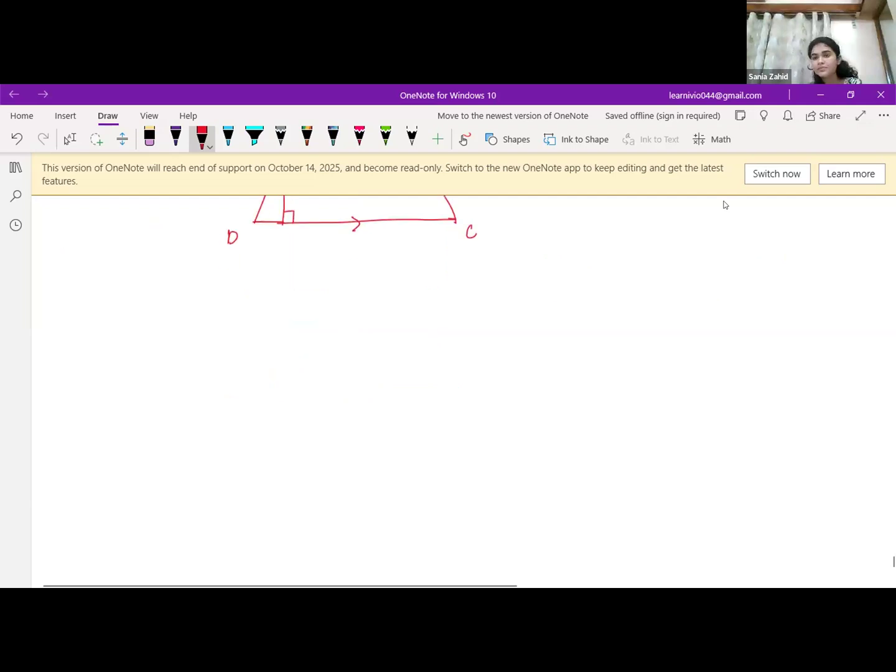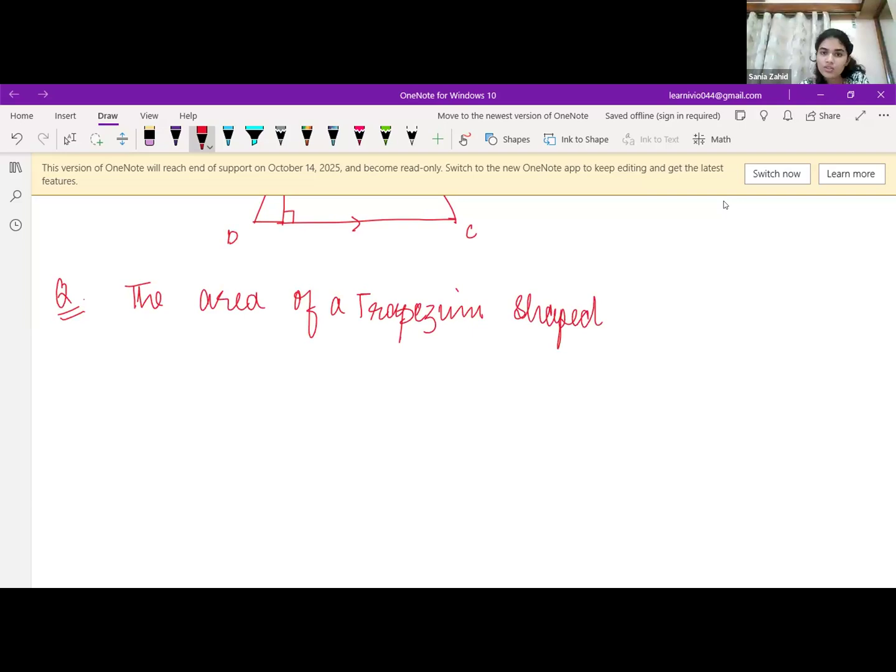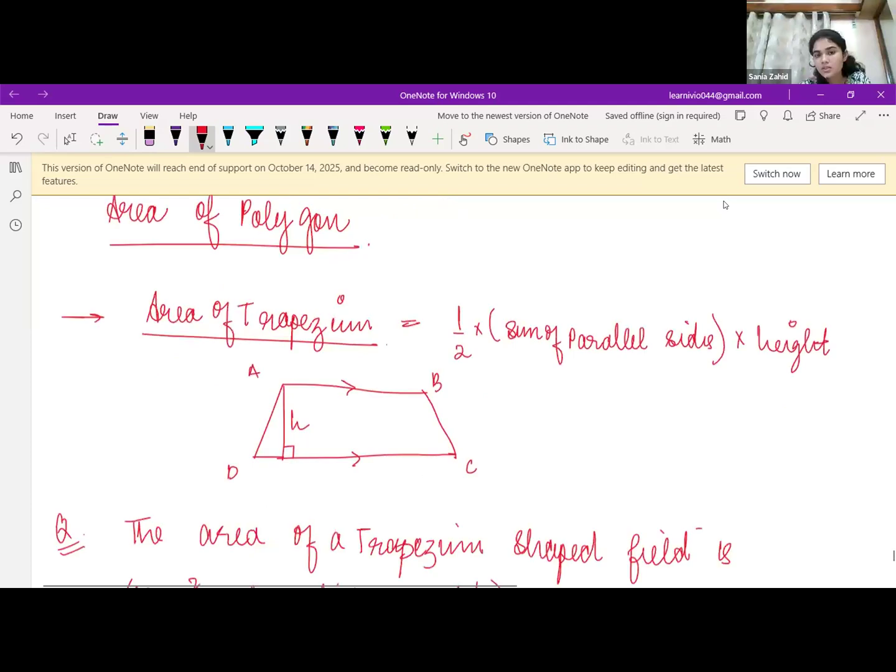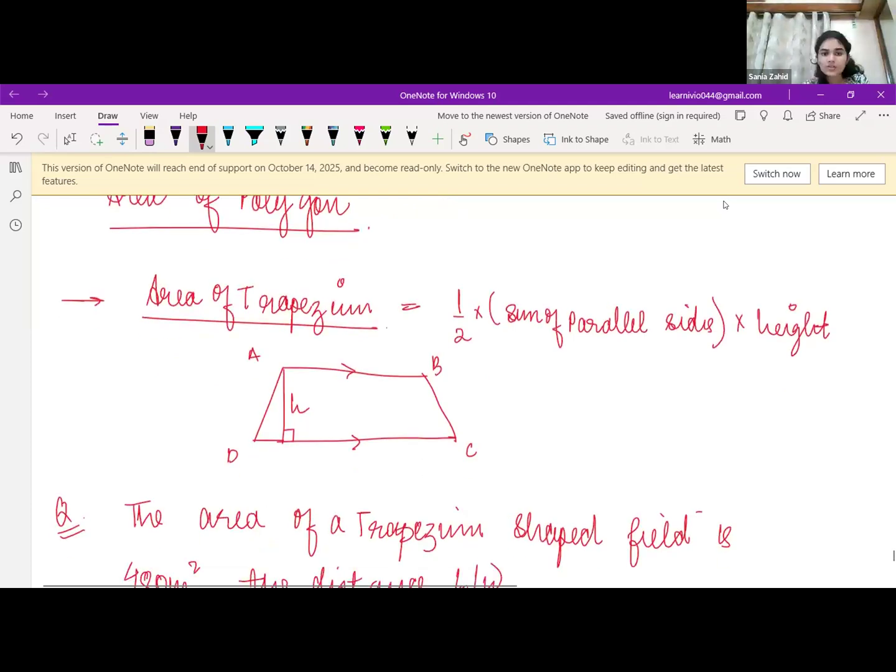Now the question says the area of a trapezium shaped field is 480 meters square. Ma'am, can you show the formula again? Yeah, please write the formula. Children, I think both of you were not there in the last class, right? I was.